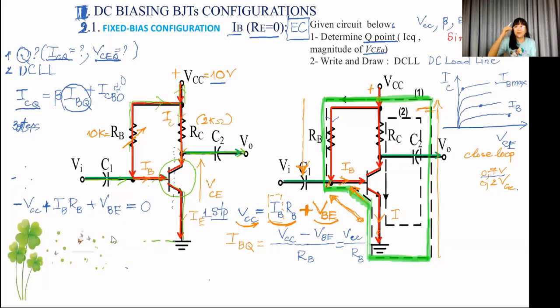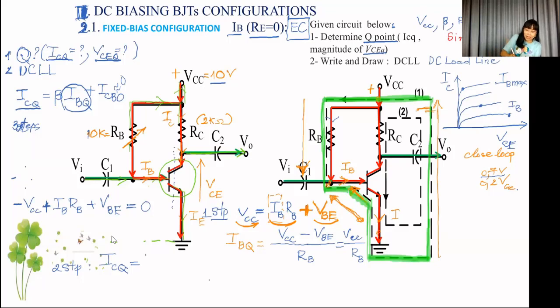We can find out the current IB. And step 2, we can find the collector current. My current and your current are different, because you put a different resistance RB here.